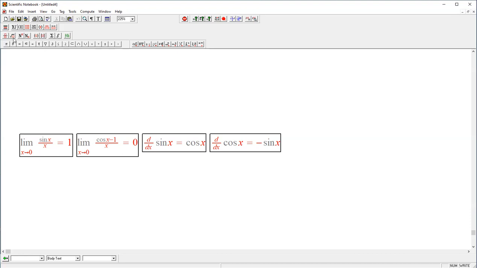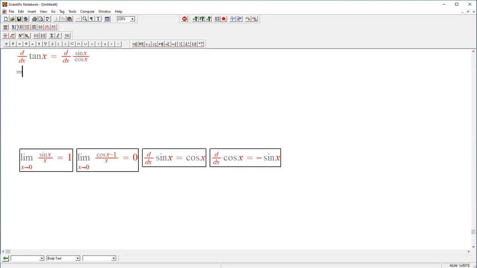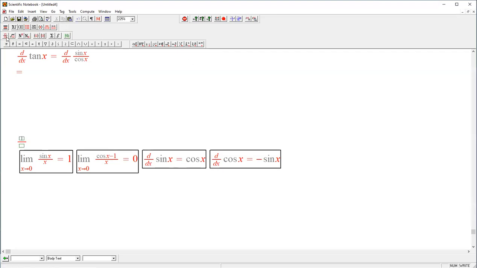So next, we want to take the derivative of tangent x. How do we do that? We apply the quotient rule, because tangent x equals sine x over cosine x. Do we remember the quotient rule? We have proved it.